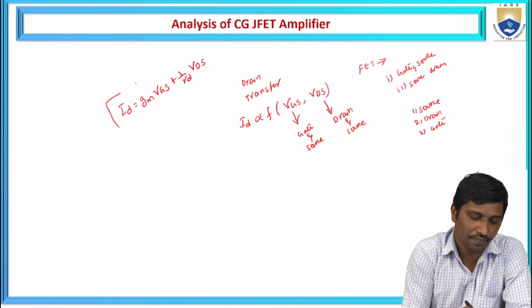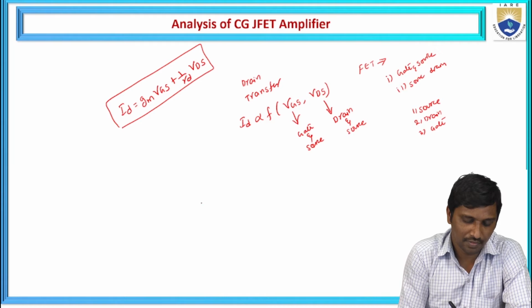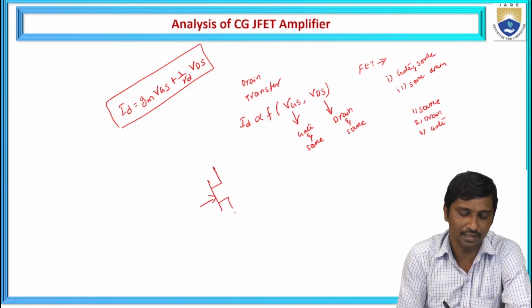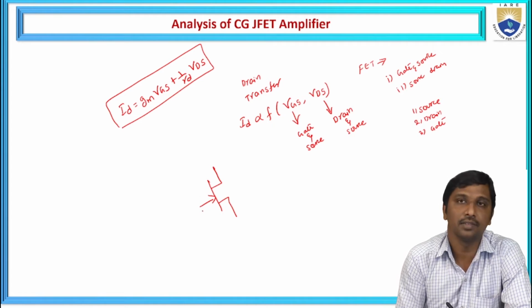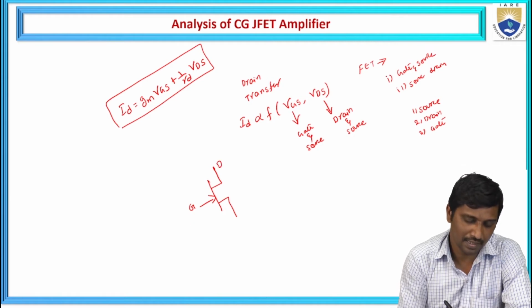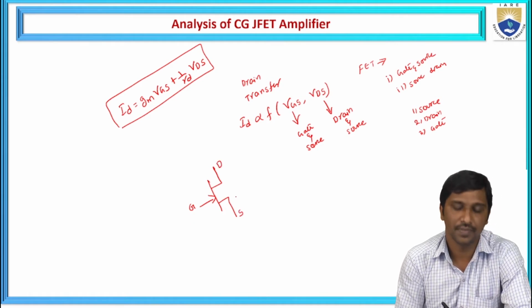Let us consider, here I am going to take an N-channel JFET. Let us consider this FET contains three terminals: one is represented as the gate, one terminal is the drain, and the other is the source.